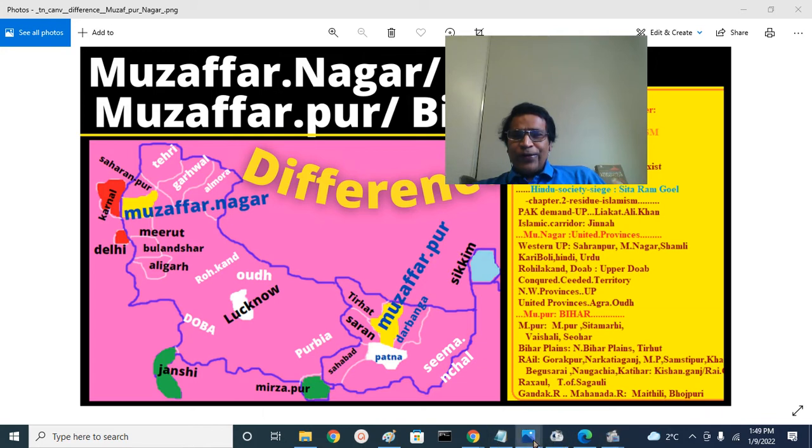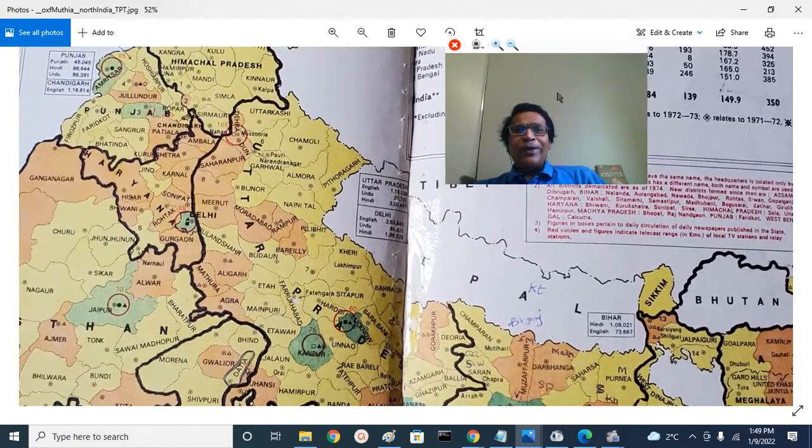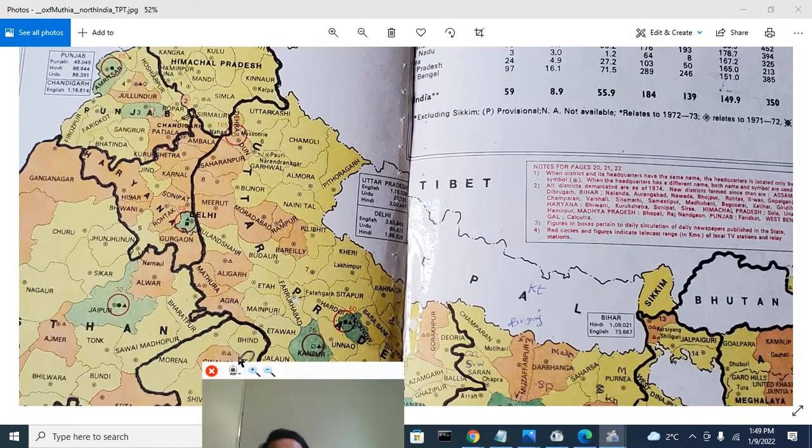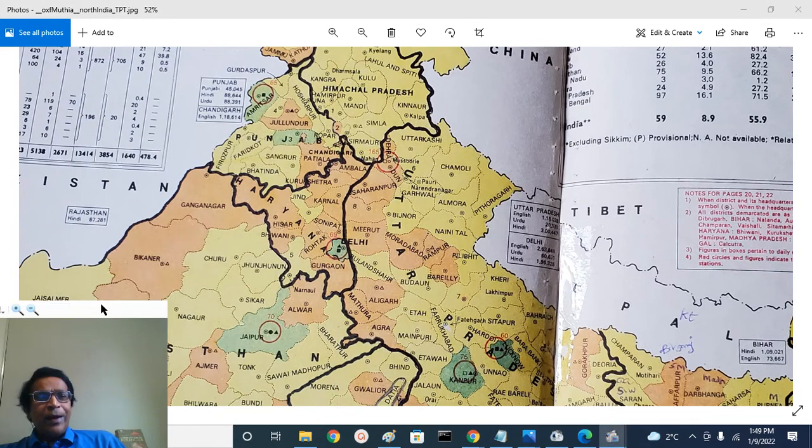If you go to this, you can look at it a little more carefully, what we are discussing. So this is the Darul Islam, that is the land of Mumins, the believers. This is Darul Harb, the Kafirs' land.